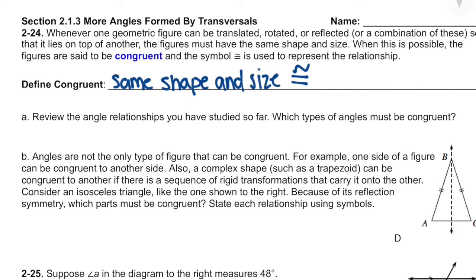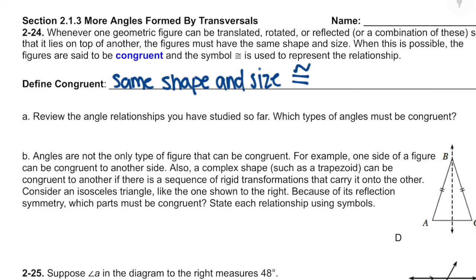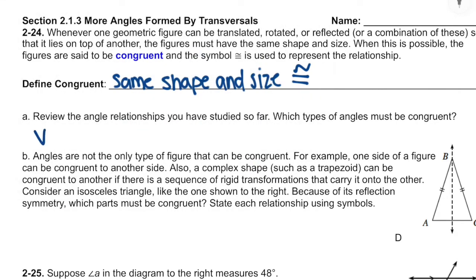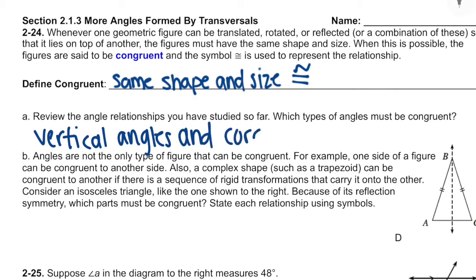So we know that vertical angles are equal, so that means they're also going to be congruent. No, I don't like that marker either. Let's see how this one goes. That's a little better. Vertical angles, and then also corresponding angles. And that was from yesterday.